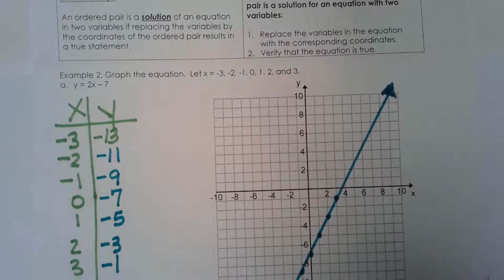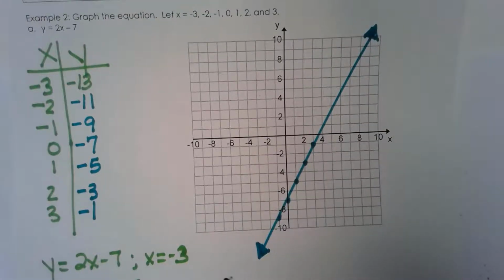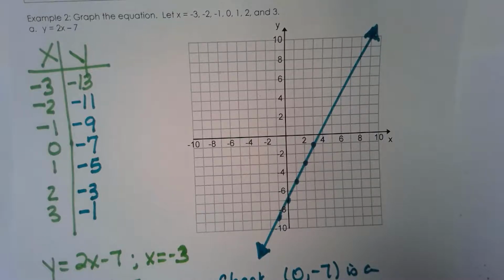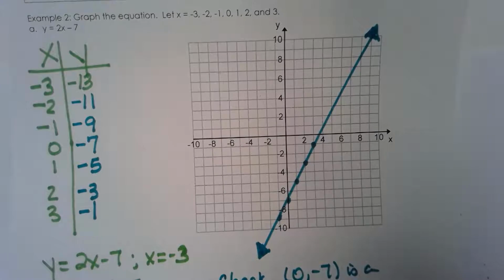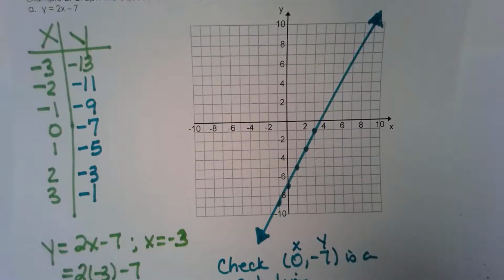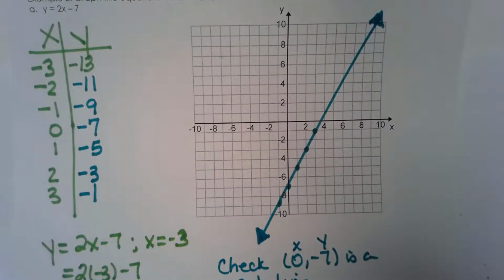Now, if you want to check your answer, let's say that I want to check to see if 0, -7 is a solution. What we would do is go back to the original equation, substitute 0 in for X and -7 in for Y. So we have here -7 is equal to 2 times 0 minus 7.